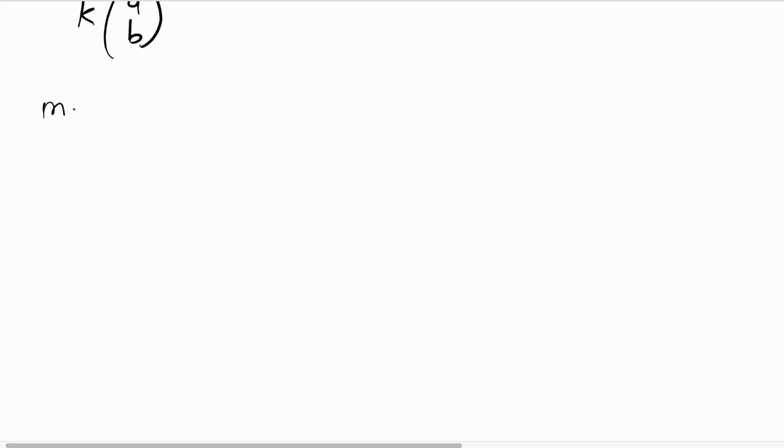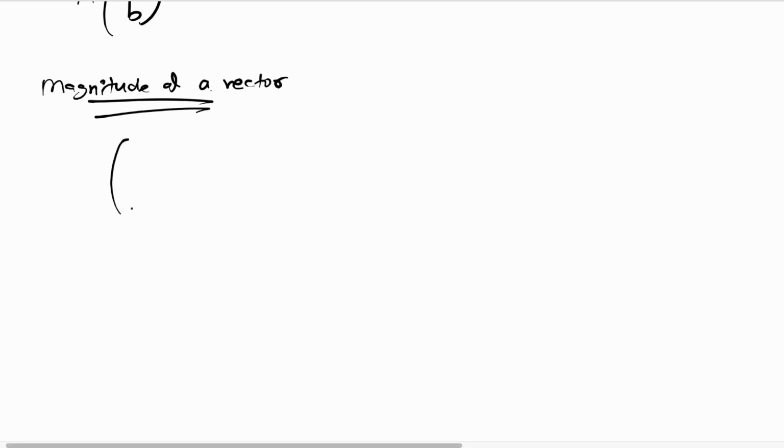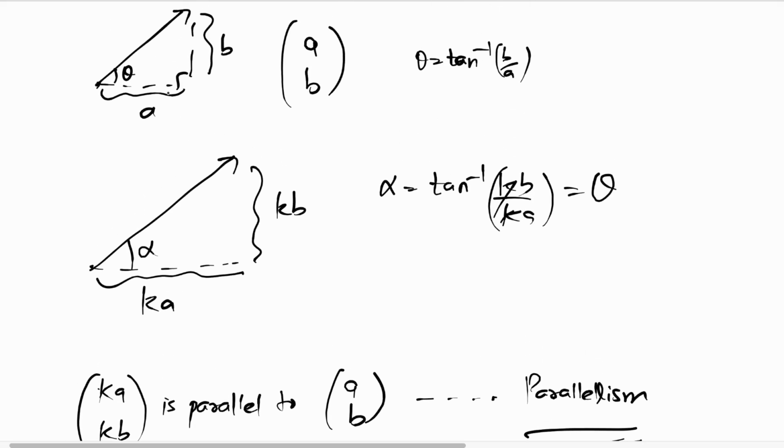Next thing we define is the magnitude of a vector. If I have a vector (a, b) like this, the magnitude is defined by a mod like this. The magnitude is basically the length, and that is nothing but obtained by the Pythagoras theorem.